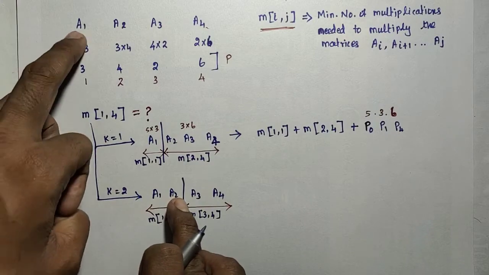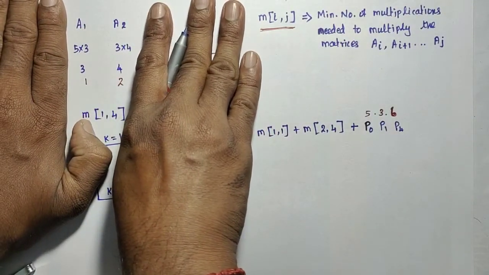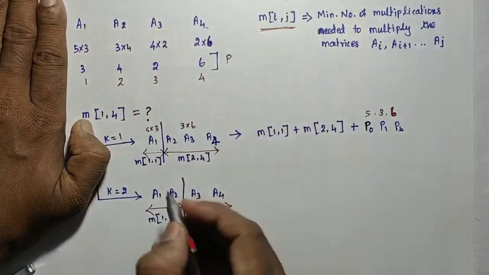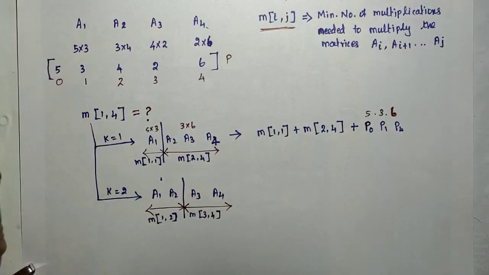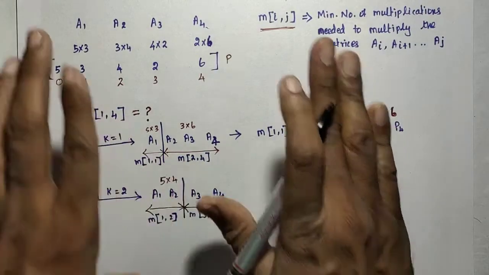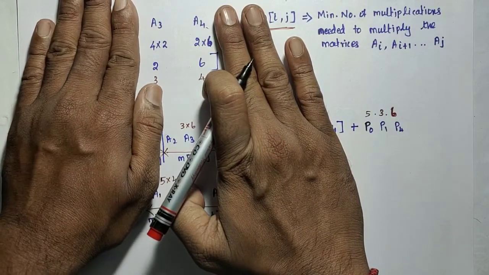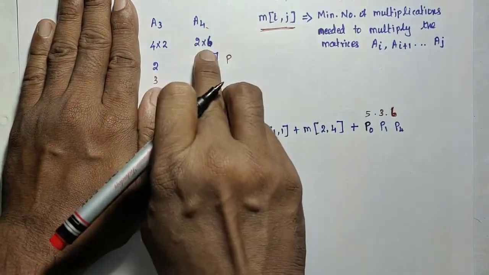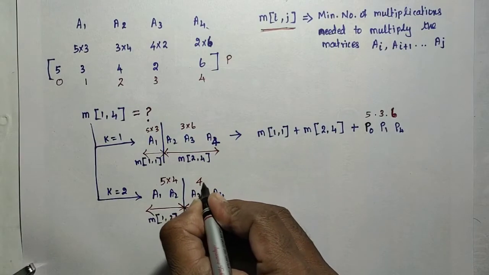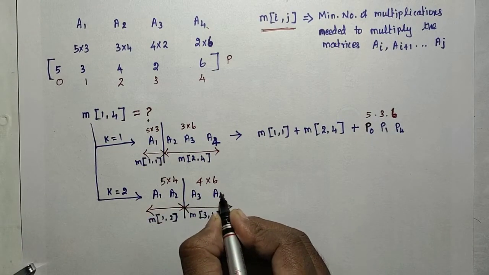A1 to A2 gives 5 by 4. A3 to A4 gives 4 by 6. So finally we will get the 5 by 6 here.